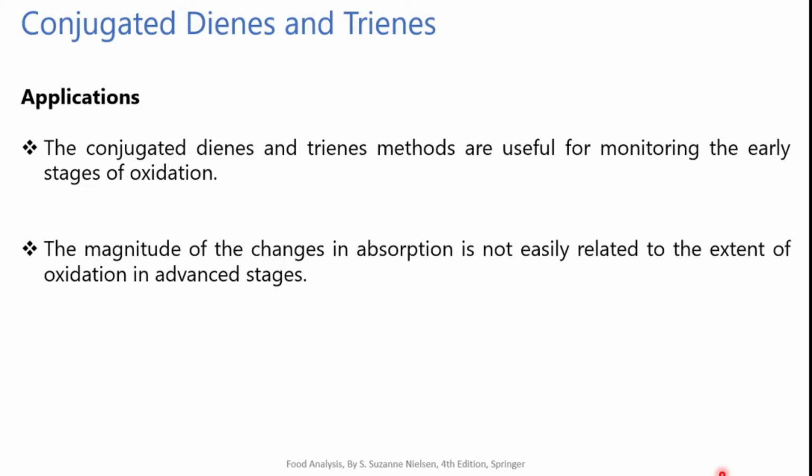However, the magnitude of changes in absorption is not easily related to the extent of oxidation in advanced stages. Generally, olive oil grades are based on ultraviolet absorbance, so the absorbance of an olive oil sample is useful for grading olive oil products.